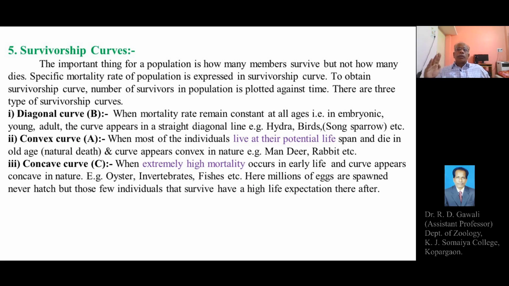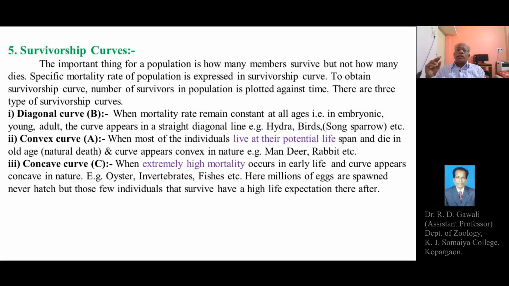All the individuals of the population survive for their potential lifespan and die in old age, which means there is a natural death. Whenever there is a natural death in the individuals of a population, it results in a convex curve for the survivorship. For example, man, deer, rabbit, etc.